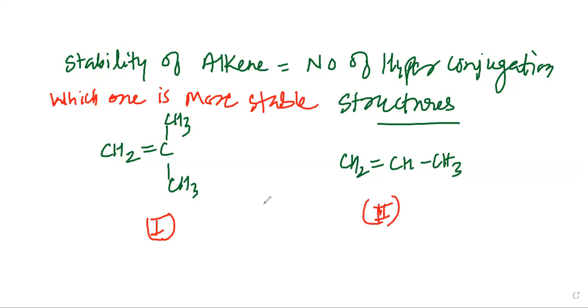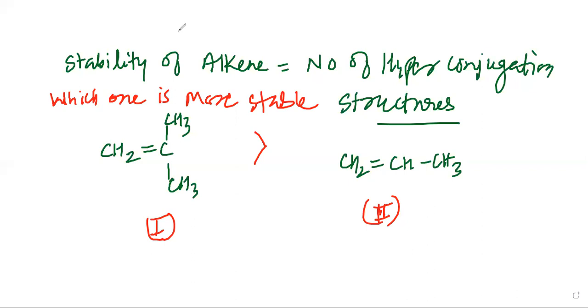Number 1 or number 2? Please reply faster. Number 1, sir. Can you tell me the reason why number 1 is more stable? Your answer is absolutely correct. Number 1 is more stable. What is the reason?